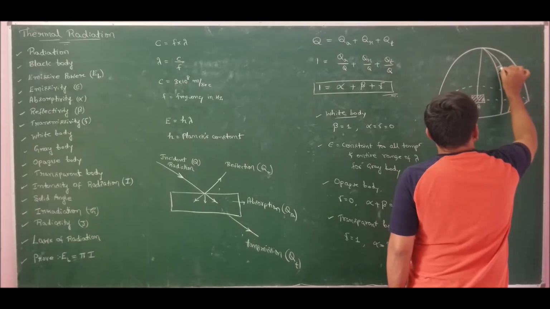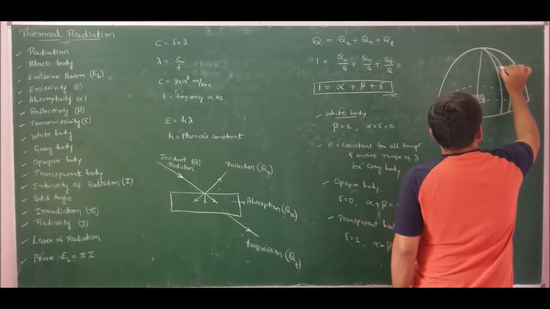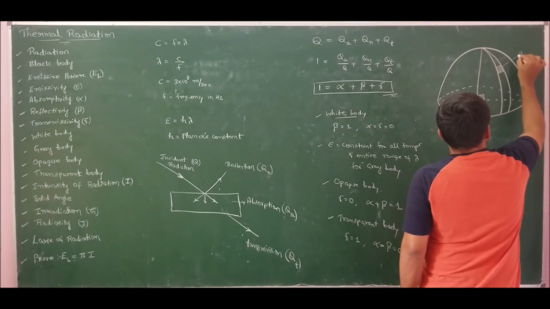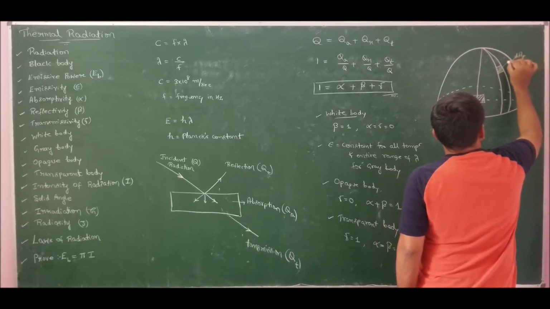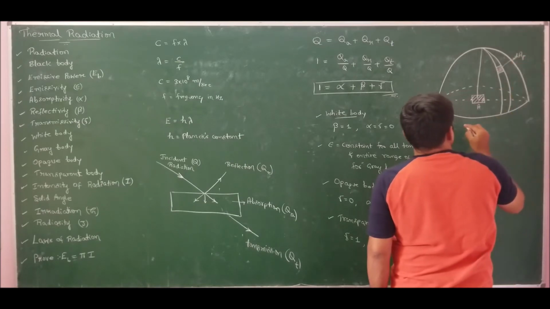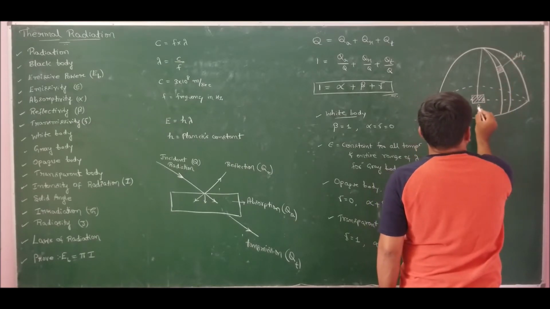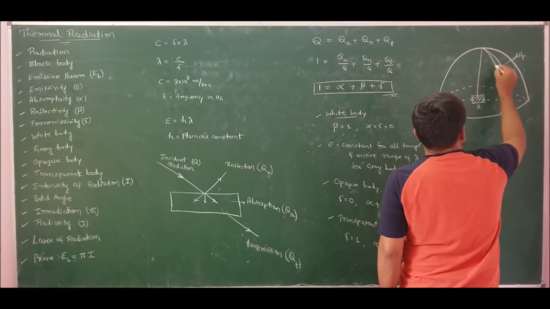Let us consider an elemental area dA here, which is the collector, and this is considered to be an emitter.